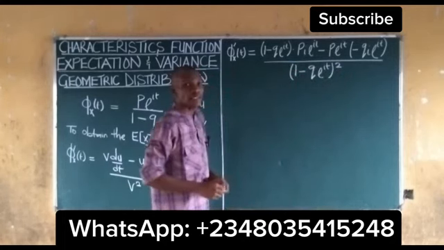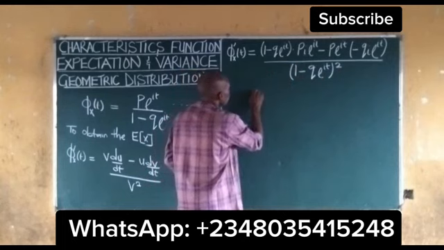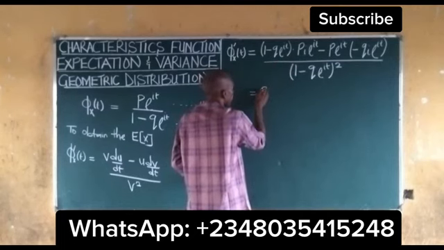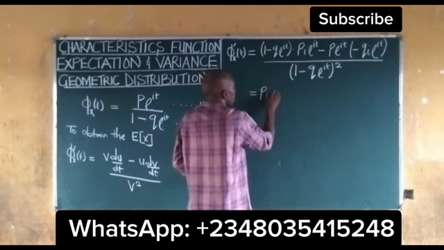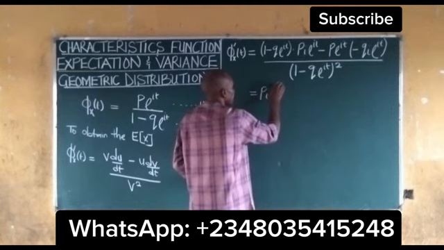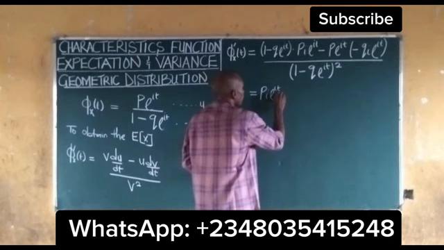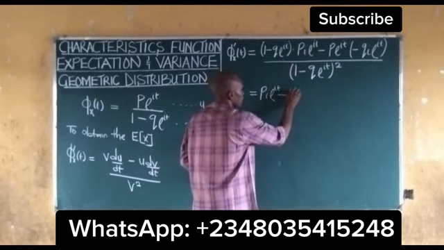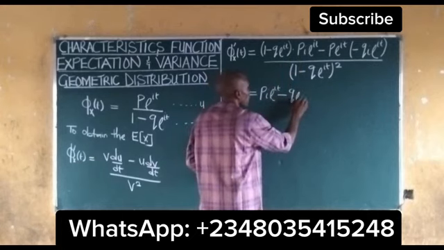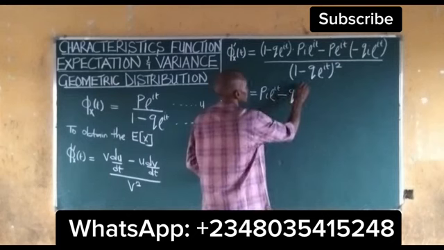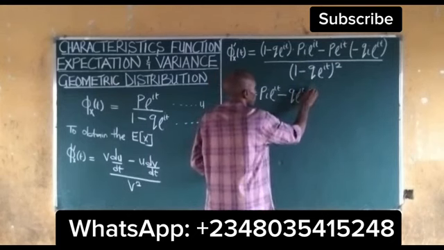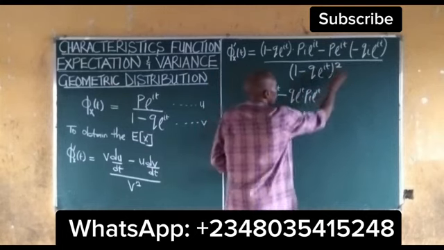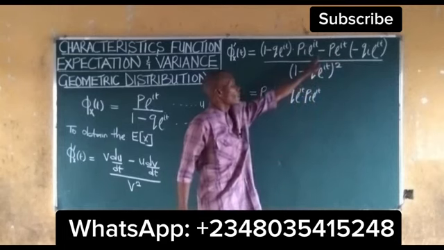So this is what we get, which is also equal to, now we can open these brackets, to give us p i e^(it) minus... this will multiply this to give us q e^(it) multiplied by p i e^(it). Because of this sign, this becomes positive.